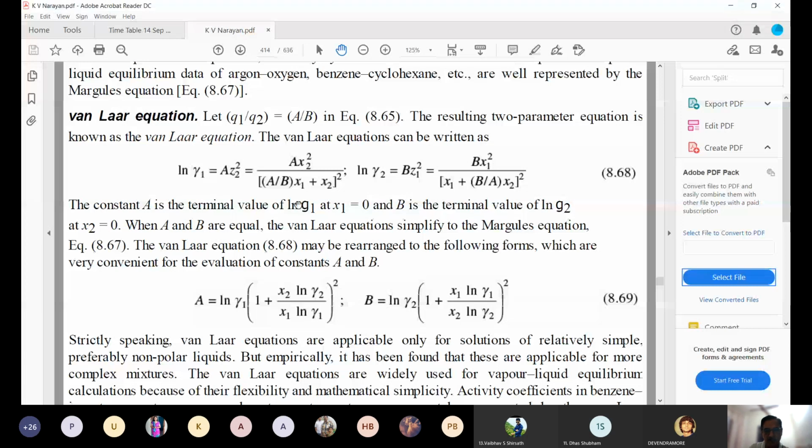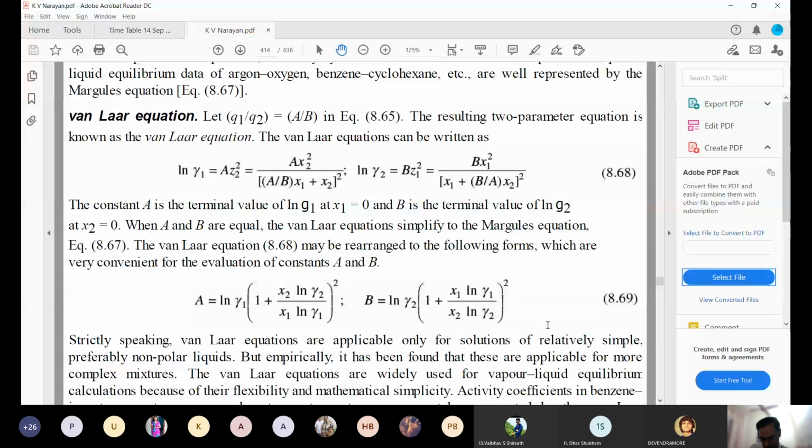Either you substitute in the Van Laar equation and you get two equations, two constants, or you can use this 8.69. I didn't tell you this yesterday. This equation 8.69 directly gives A and B in terms of gamma 1 and x1, x2. So you can use either 8.68 and solve for A and B, or directly use 8.69, which will give you A and B value.